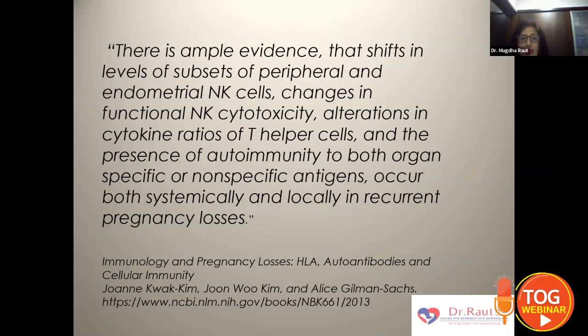Now, there is ample evidence that shifts in the level of subsets of peripheral and endometrial NK cells, changes in the functional NK cytotoxicity, alterations in the cytokine ratios of the T helper cells, and the presence of autoimmunity to both organ-specific or non-specific antigens occur both systemically and locally in recurrent pregnancy loss.